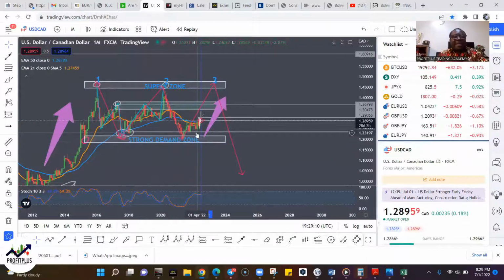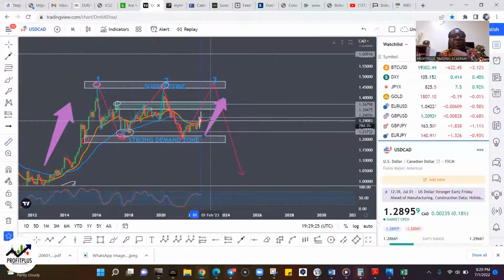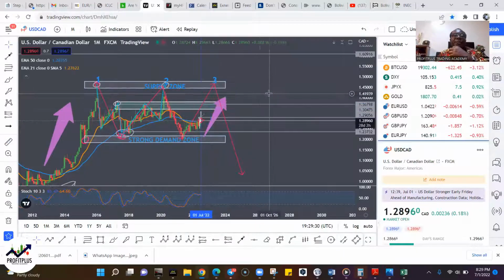And price has bounced off from a strong demand zone and is heading to a supply zone, and has done about 40% of that journey. And there is a window of about 600 pips into the next key level.